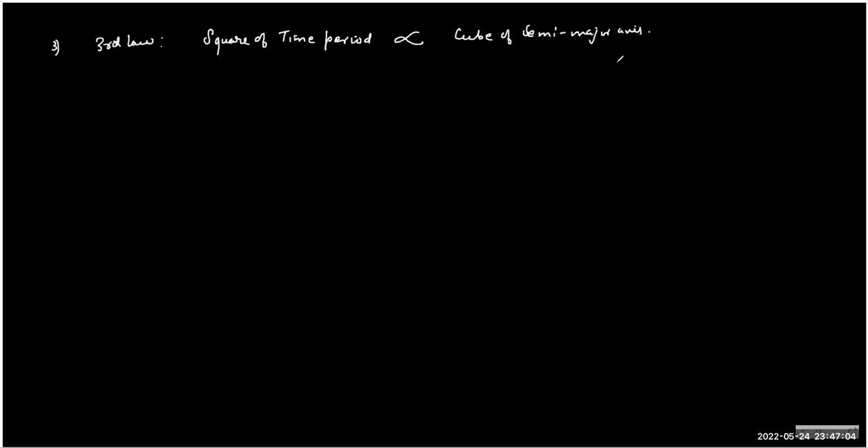And the third law is also true for the circle, because a circle is a special case of an ellipse in which the minor and the major axis both are equal to the radius. Understood? Yes. So don't think that we are deriving it for an ellipse, so it is true only for an ellipse. You can also freely apply it to the circle. That's very easy.